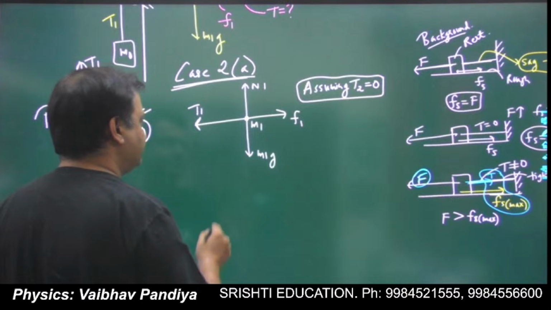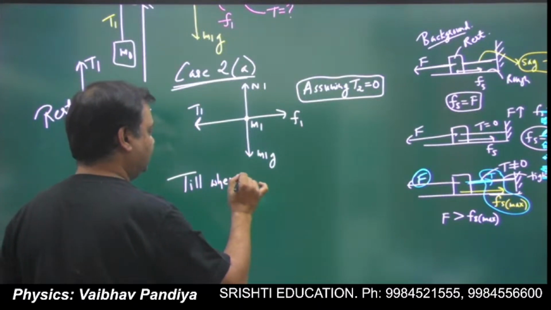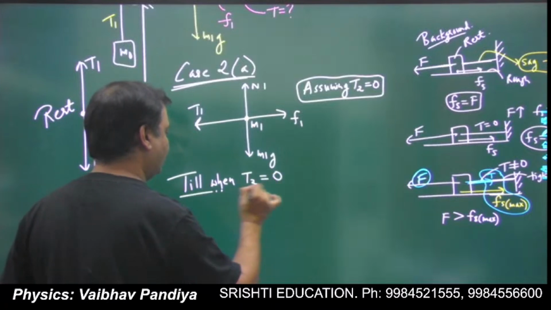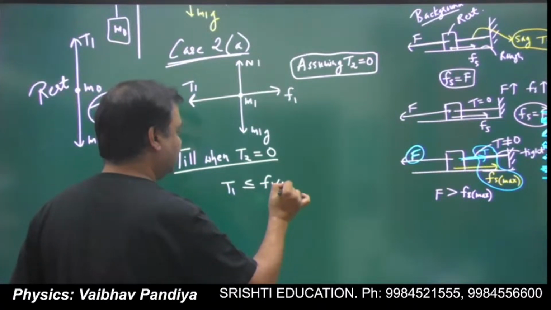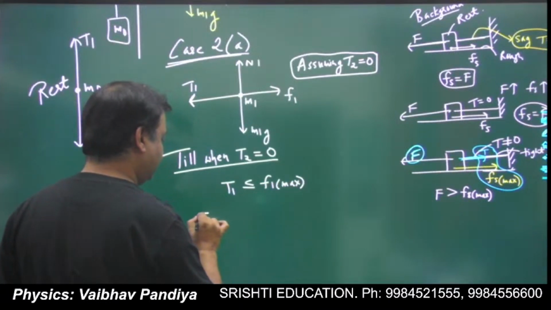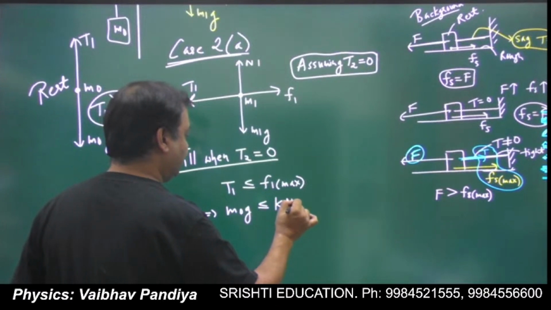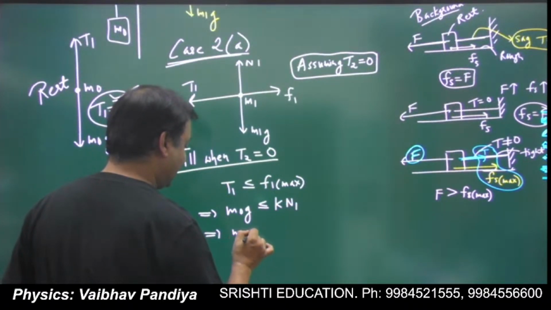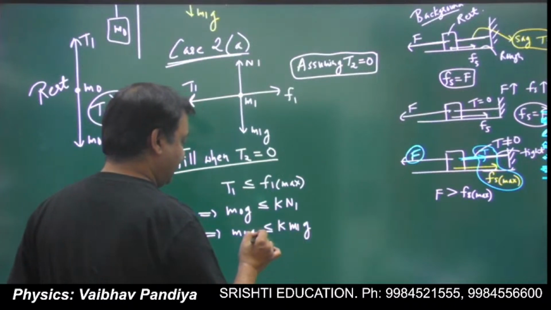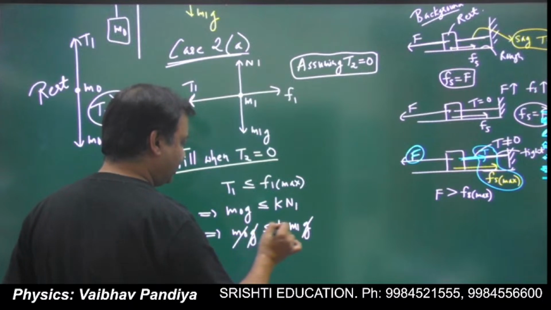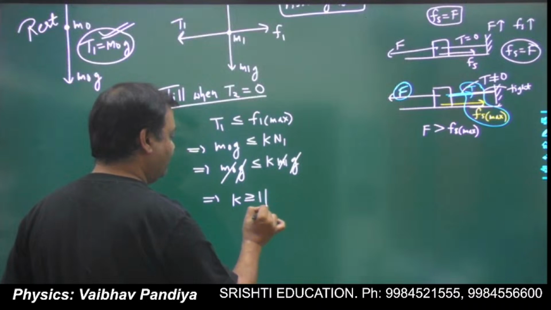It will be 0 till T1 is less than or equal to the limiting friction F1 max. And that is till m naught g is less than or equal to k n1, where n1 is m1g. The g will get cancelled, and moreover m0 and m1 are given to be equal. So it is till k is greater than or equal to 1.